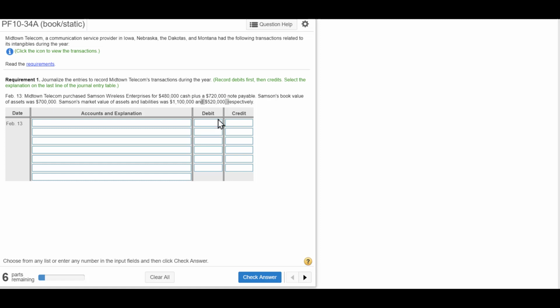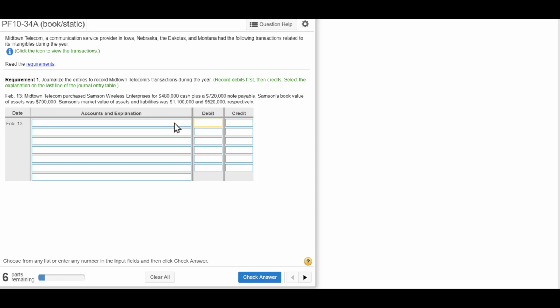The first question is, for this company's assets that we're acquiring, do we record them at the book value, in other words, what Samson's books had them at on their accounting records, or do we write them at their market value, which is $1.1 million? Well, the answer is we use the market value.